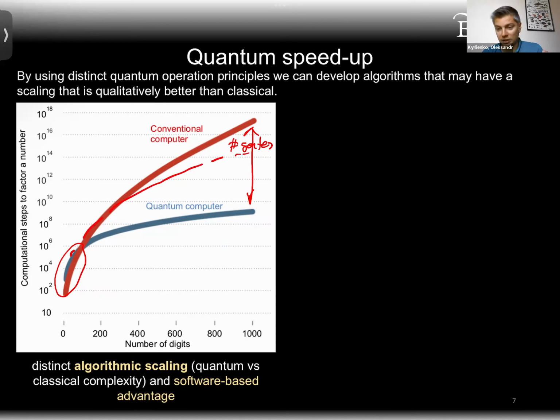In the end, if you go to very large problem instances, you still win asymptotically, but the practical advantage may be in question. So that's what you need to care about when you implement near-term protocols specifically, and not just make abstract mathematical statements about scaling.